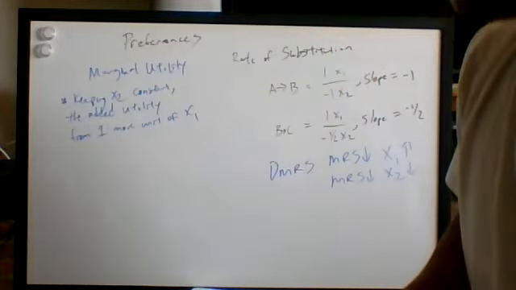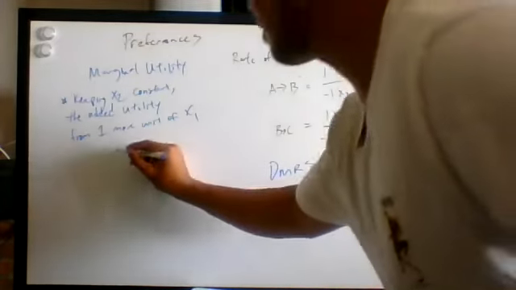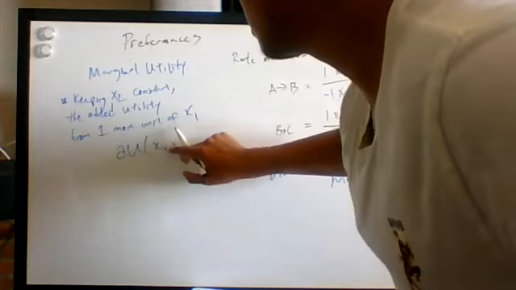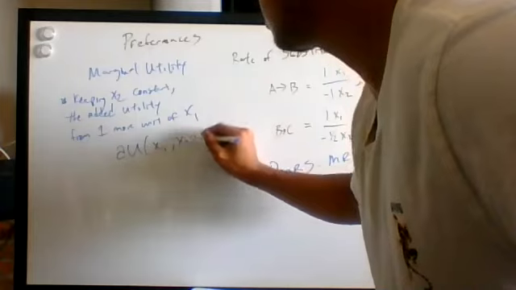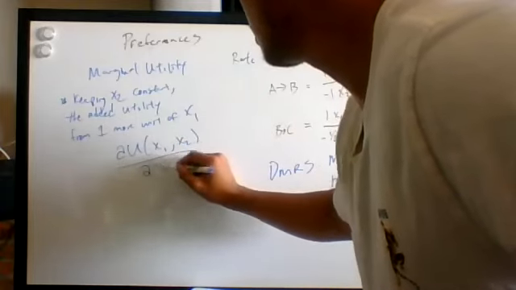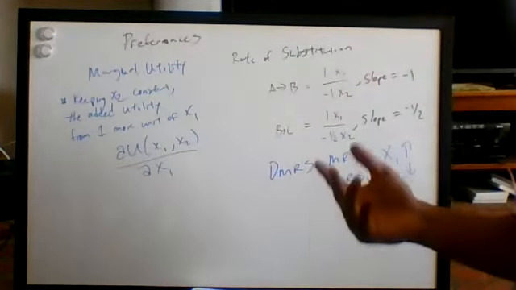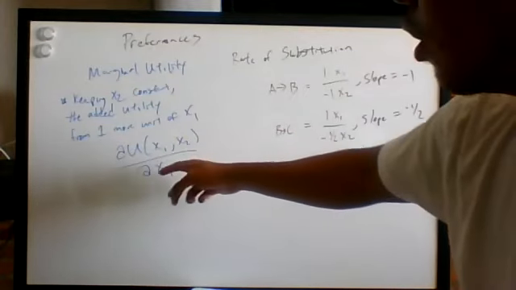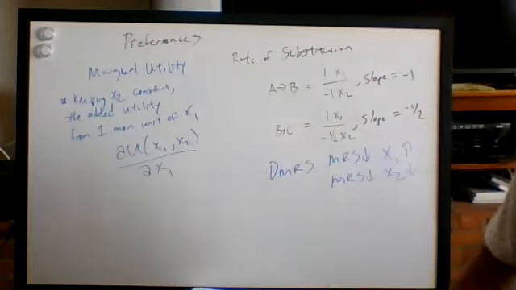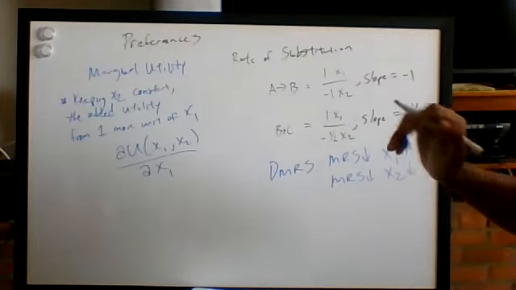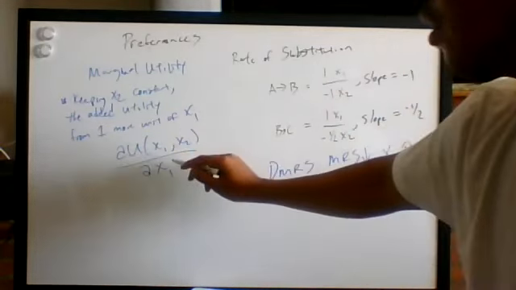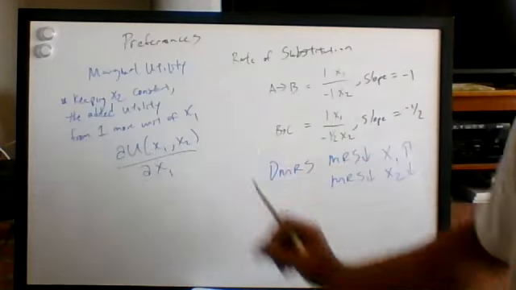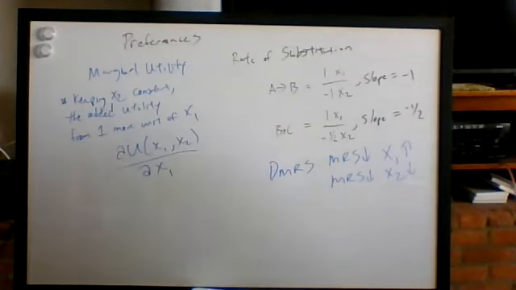You might see it expressed as the change in utility, a function of x1 and x2, over the change in x1. This is the marginal utility of x1, and you would swap x1 for x2 if you're finding the marginal utility of x2.